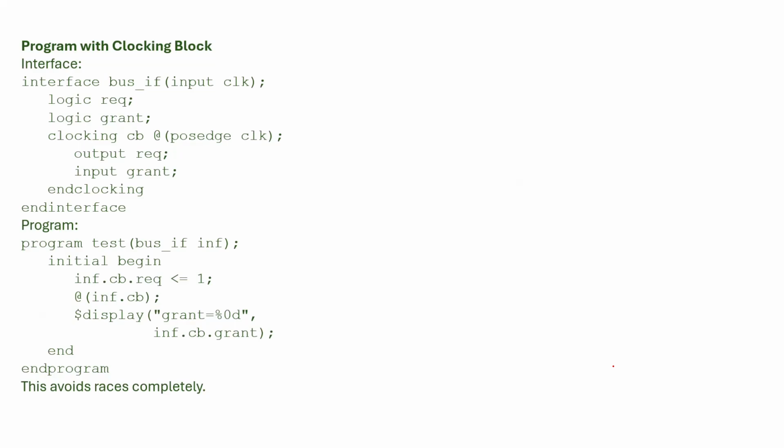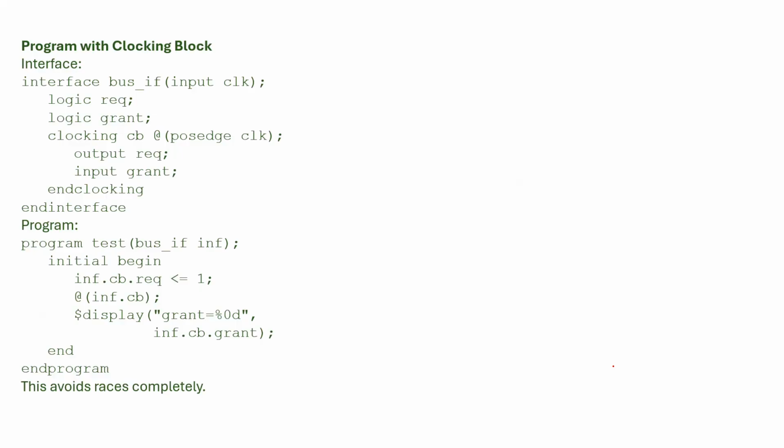And program block with also clocking block, because in your interface the clocking blocks are also there, right? And then mod ports are also there, right? What is the use of taking the clocking blocks? I need to sample my TB signals before the clock edge and then drive the signals after the clock edge.